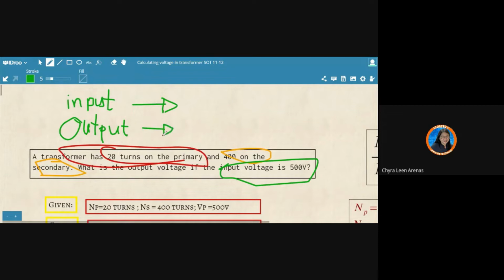So this will be a clue for you already. If you see the word input, that is about the primary. And if you see the word output, that will be the secondary. In order for you to identify the given, other than analyzing them, you already have the clue. Input, primary; output, secondary.